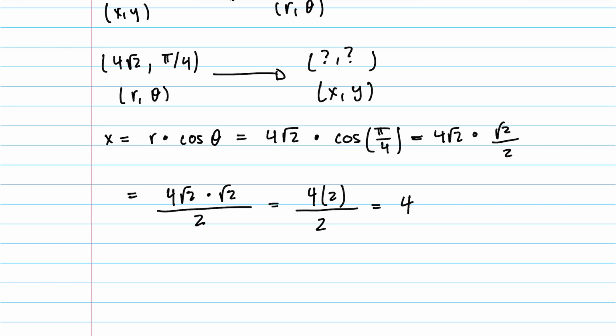Now let's move on to finding y. y is equal to r times sine of theta. From this example, we know r is 4 square root of 2 times sine of theta, which is pi over 4.